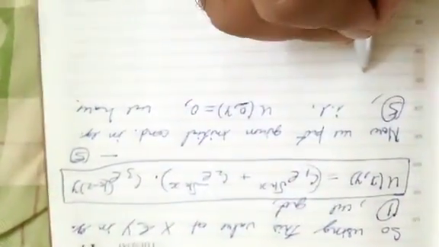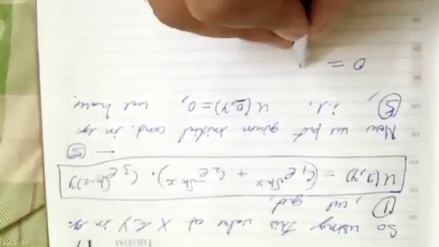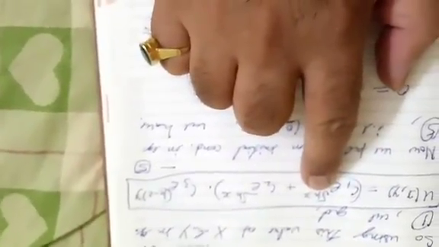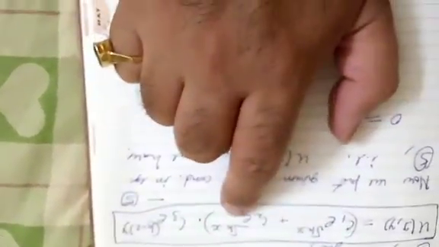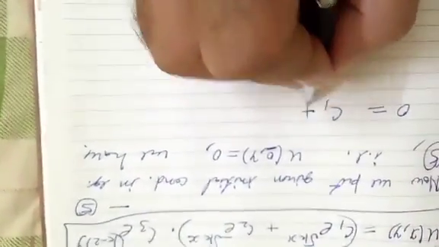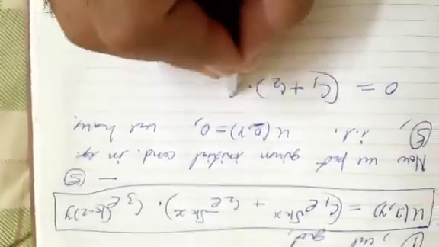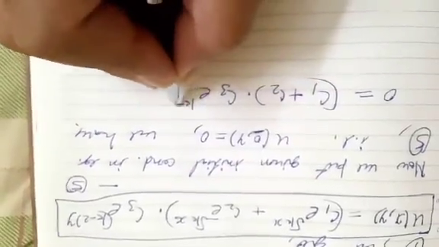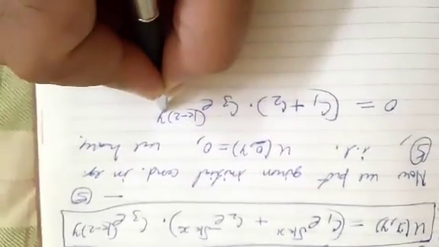So substitute in this: 0 is equal to, when we substitute the value of x is 0, e to power 0 is 1, so c1 plus c2 into c3 e to power k minus 2 of y.